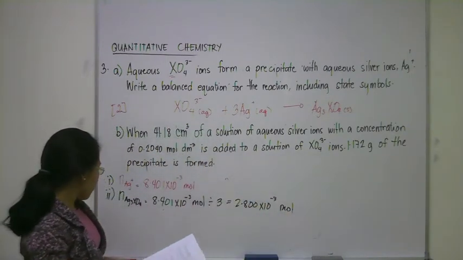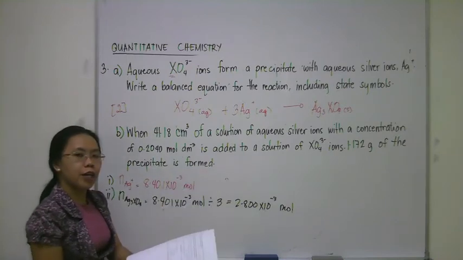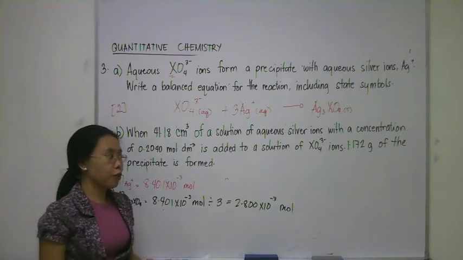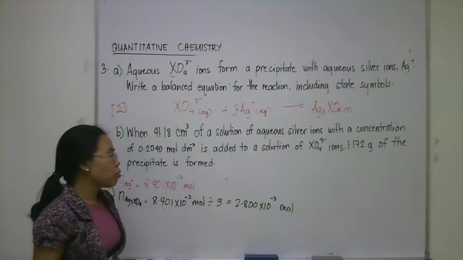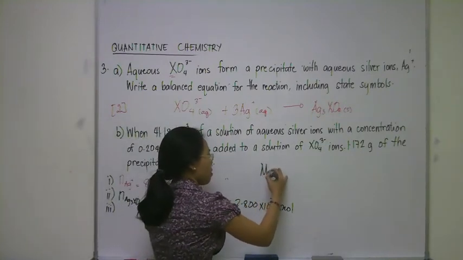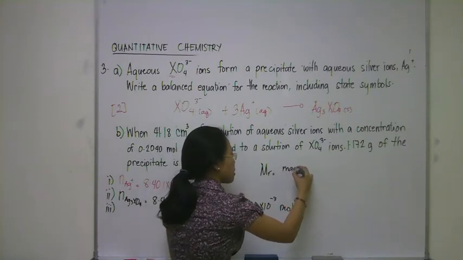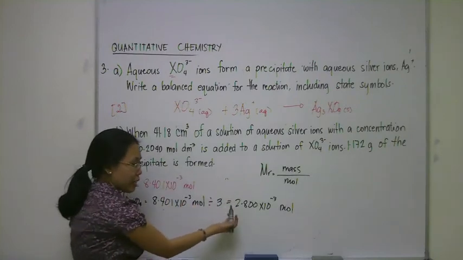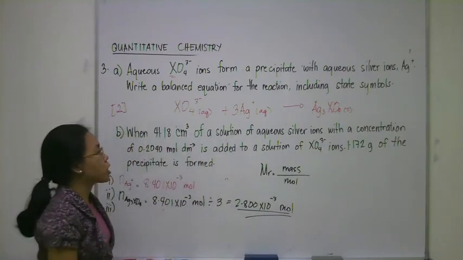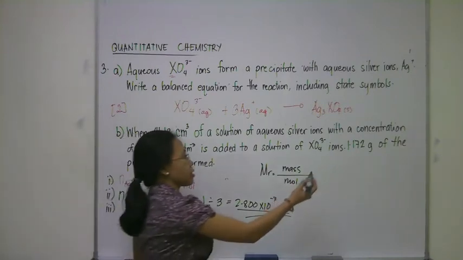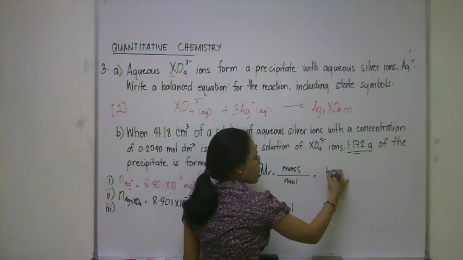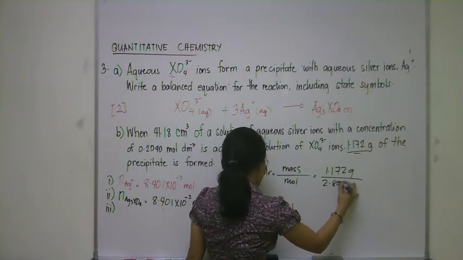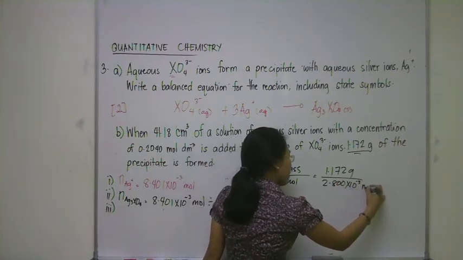Okay, now for the third question, you were asked to find the molar mass of the precipitate. Now, to find the molar mass, to find the MR, we need to divide the mass by the number of moles. Okay, so in this case, we already have the moles, and the mass of the precipitate is given in the problem. So we just need to divide this by the moles that we've calculated earlier. Okay?